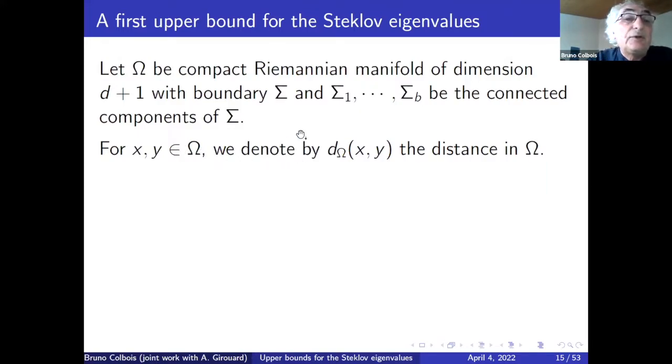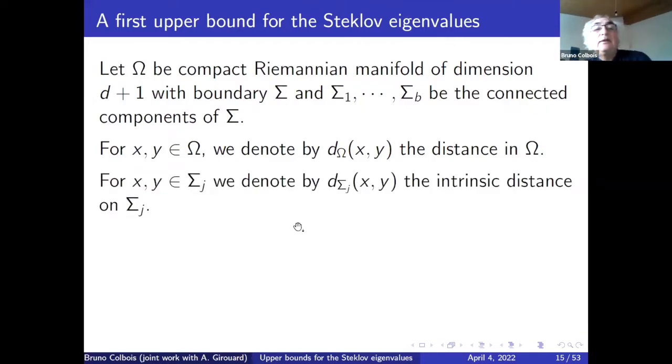If I have two points on the manifold, I can consider the usual Riemannian distance between these two points. You look at all curves between these two points and you take the infimum of the length of these curves. So this corresponds to the shortest curves between these two points.